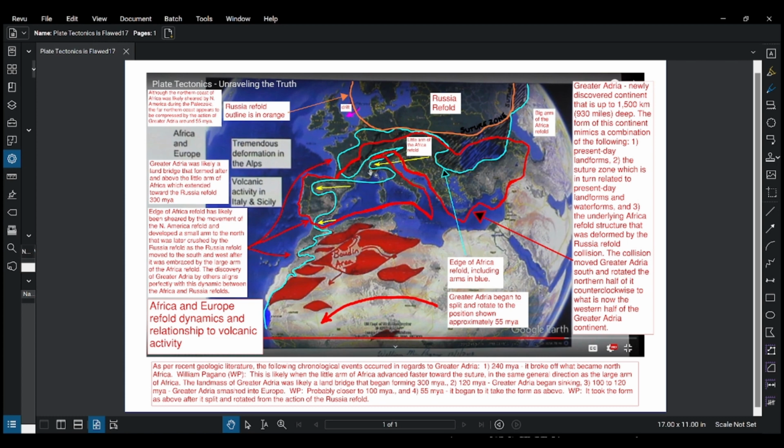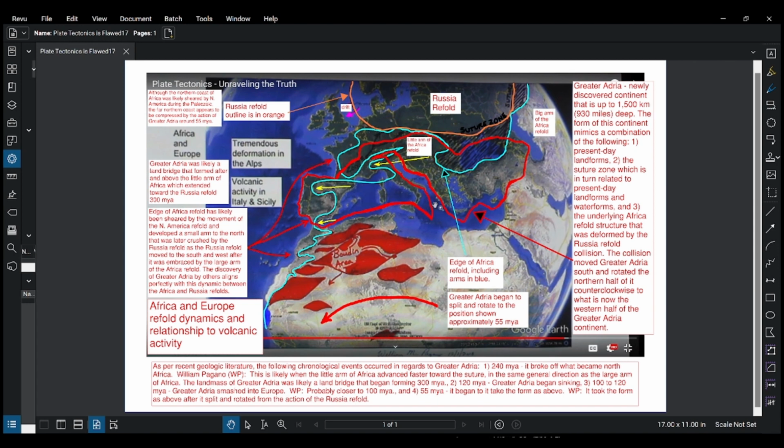So you take that and push it on top and it fits perfectly. It was more or less elliptical shaped, Greater Adria, and then it snapped along there and sheared off this way from that action. And then it's showing the oozing direction in that same kind of shearing direction. So when that top came off, sheared that way, as the blue arm got crushed, it sheared off the top section of Greater Adria and put it where it is over here.